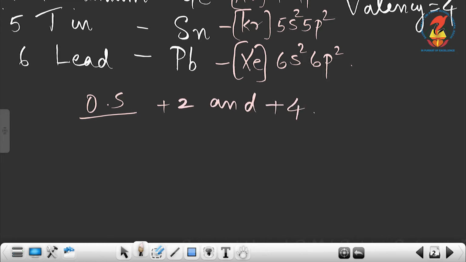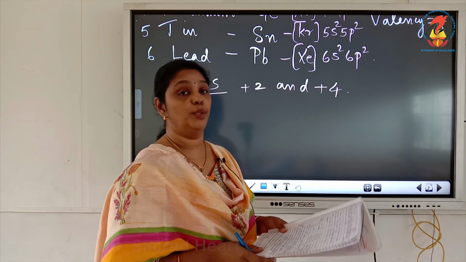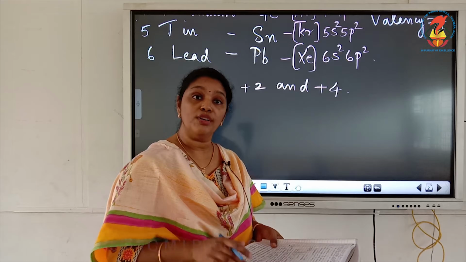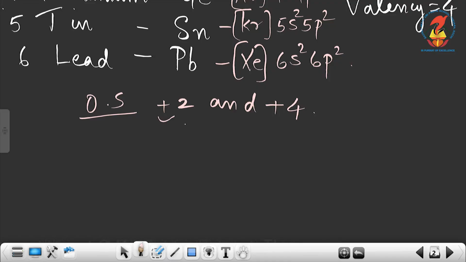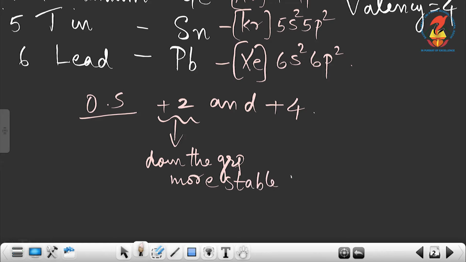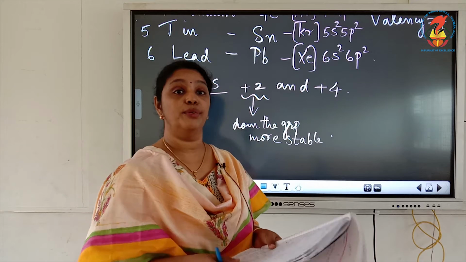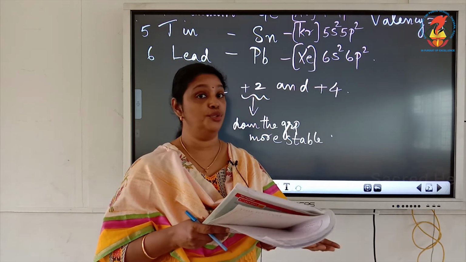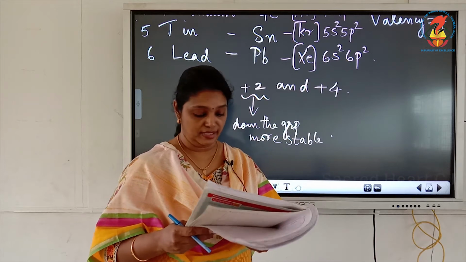We know that down the group the lower oxidation state is more stable. So +2 is more stable down the group, and +4 is less stable down the group. The reason for this difference in stability of oxidation state is the inert pair effect.